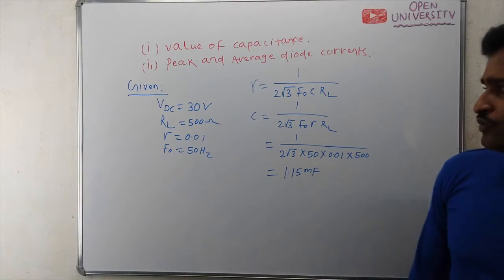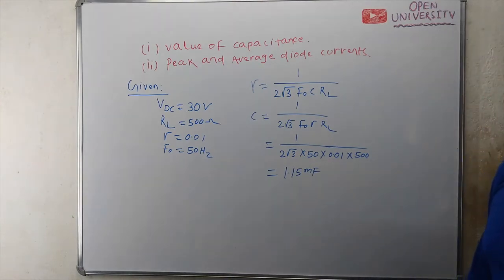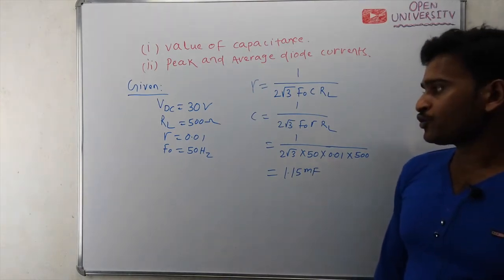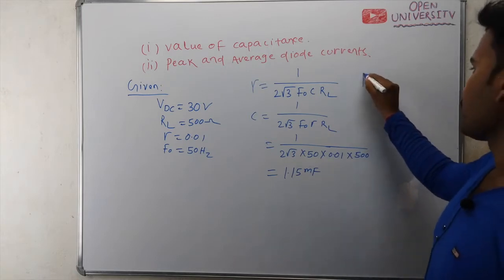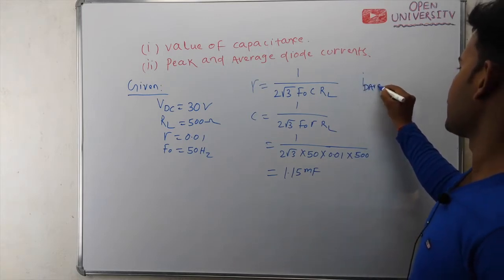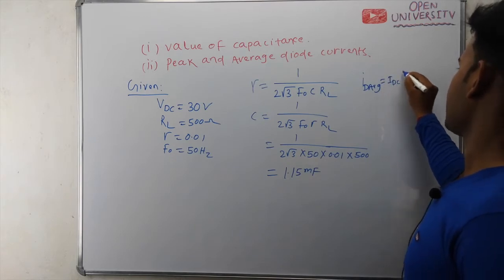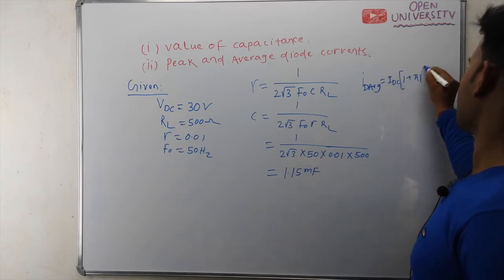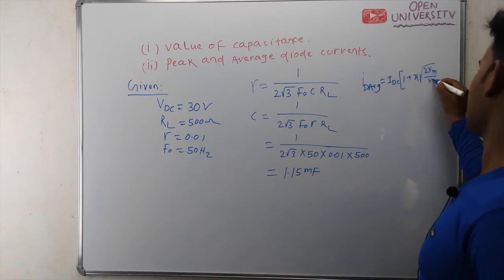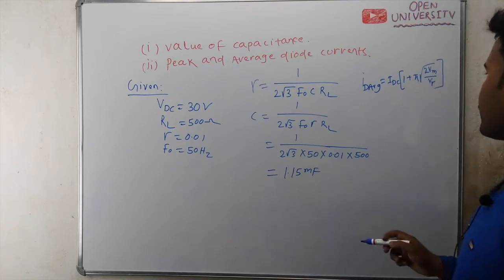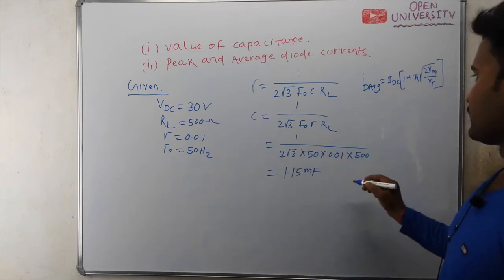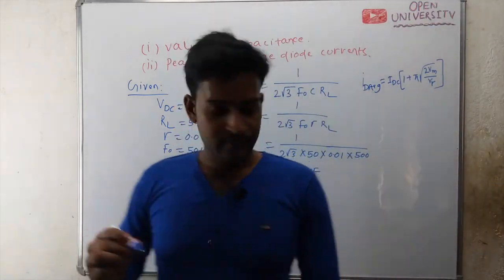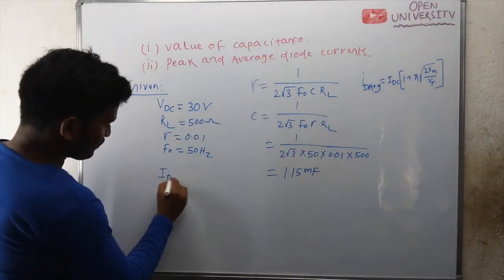ID average will be equal to IDC into 1 plus pi under root 2 Vm by VR. What is IDC? IDC equals VDC by RL.